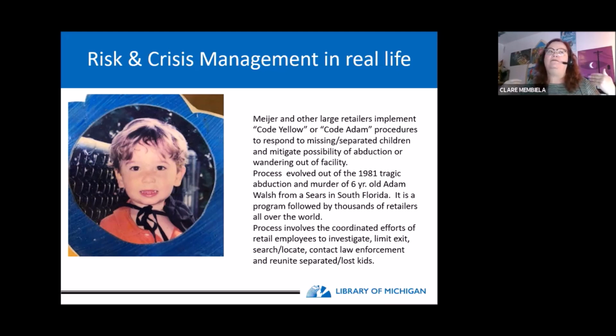And then about 10 minutes later, something came over the radio that one of the Meyer employees had found him by the front of the store at the bubblegum machine. Obviously I was very happy that he was found, and everybody who has kids knows that horrible feeling of when they're gone.